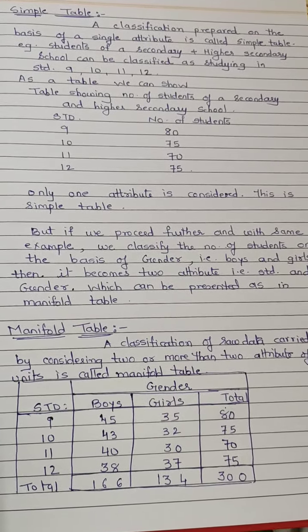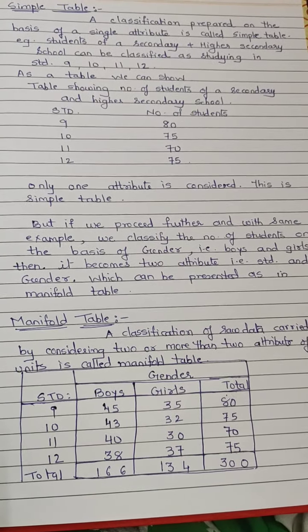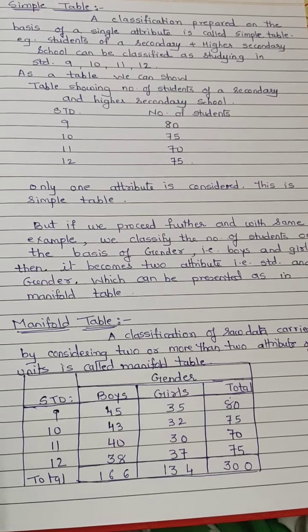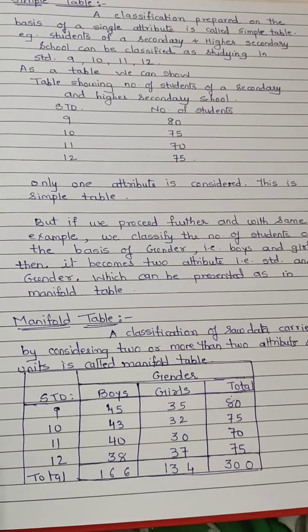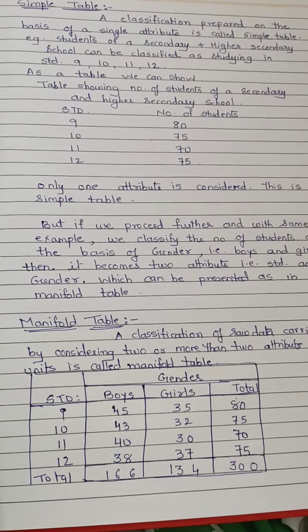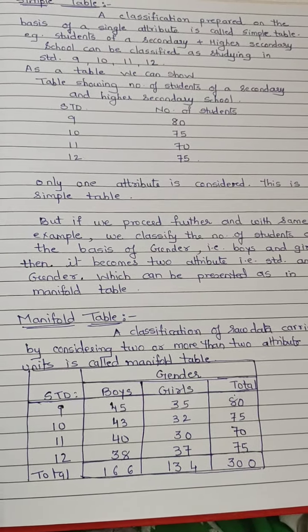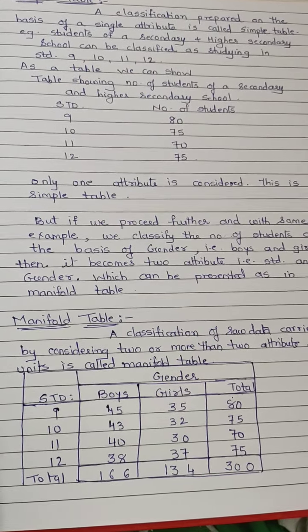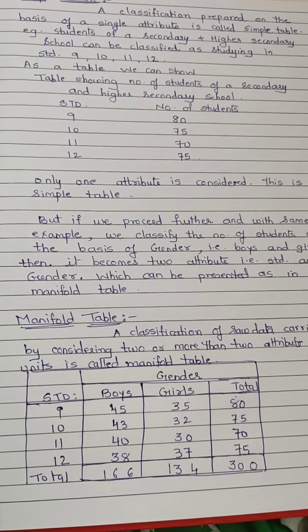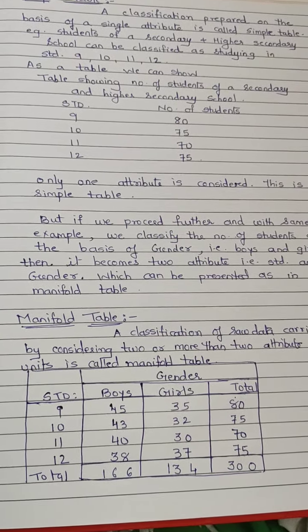A classification prepared on the basis of a single attribute is called simple table. I have taken here one example. Students of secondary and higher secondary school can be classified as studying in standard 9th, 10th, 11th and 12th.